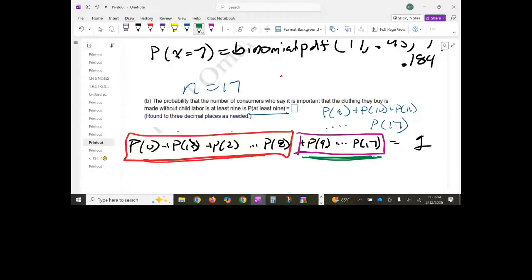Okay, y'all, the way we can find this number in red is if we go with the binomial CDF, because it's going to accumulate them with 17 people, a probability of 0.45, all the way up to 8.